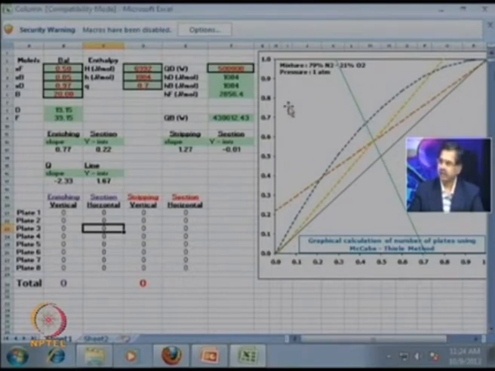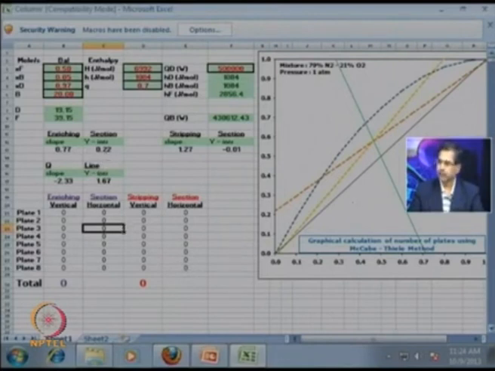Having done all these things on the graph, what we do is start the staircasing process, which is a very simple graphical process, but the most important aspect is to calculate the slopes for the enriching section, stripping section, and Q line. All these points we first have to calculate and then get these lines. One can do this on a simple graph sheet also. I have done it in an Excel sheet because tomorrow I can change these parameters and immediately I will get the change in parameters as far as the slopes and y-intercepts are concerned.